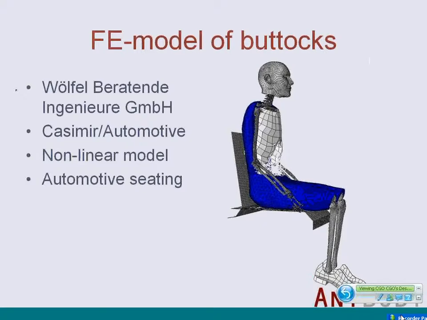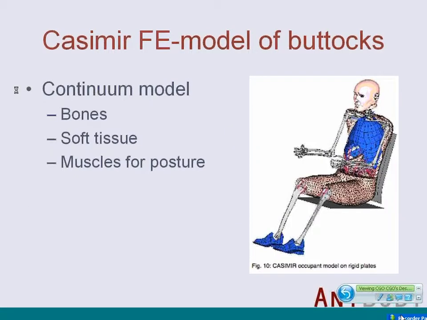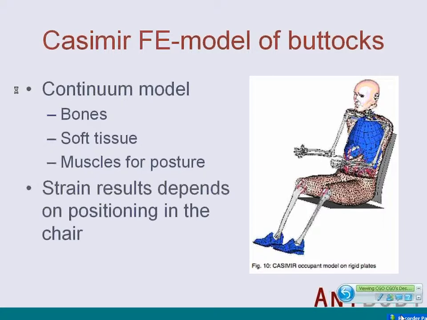It's a non-linear model, so it has kind of advanced material properties. And as I said, it's used mostly for automotive seating, and especially vibration analysis is the main topic there. So basically, it's a continuum model including bones, soft tissue, and some muscles for posture as well.